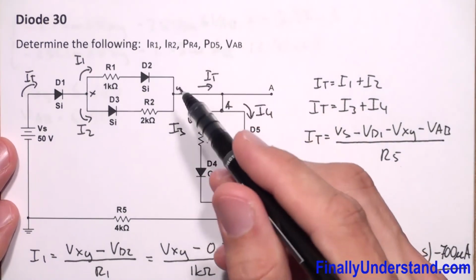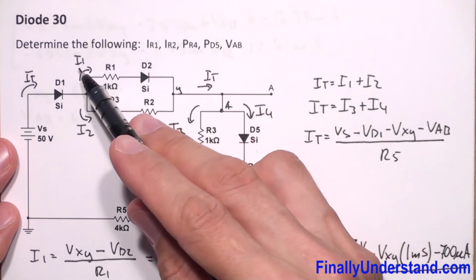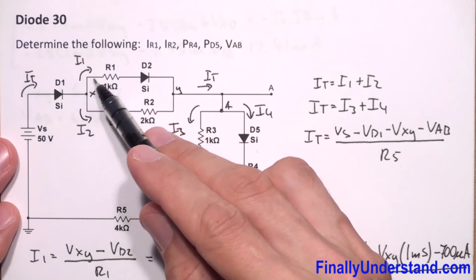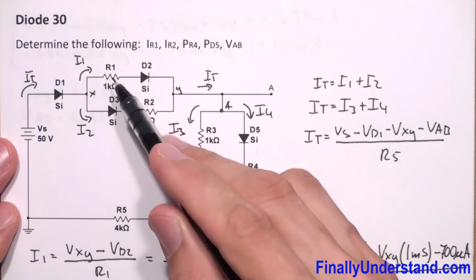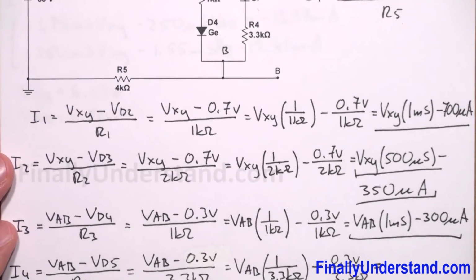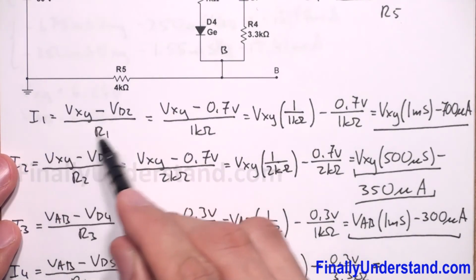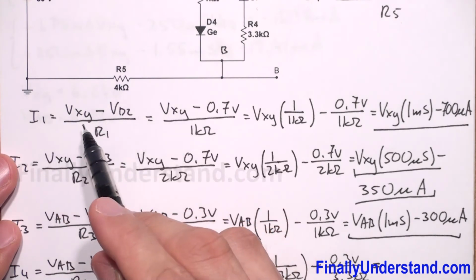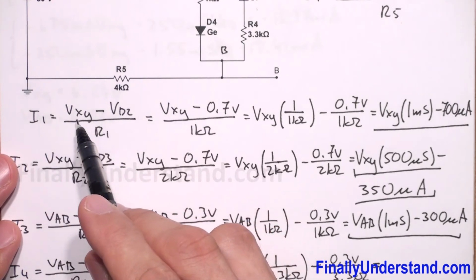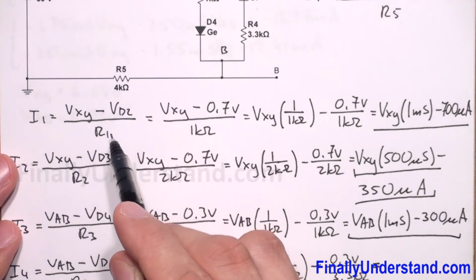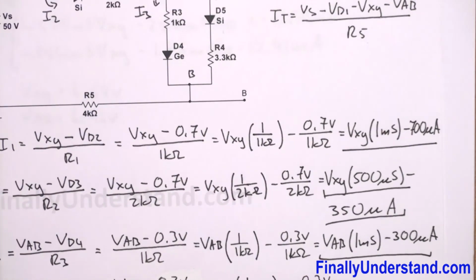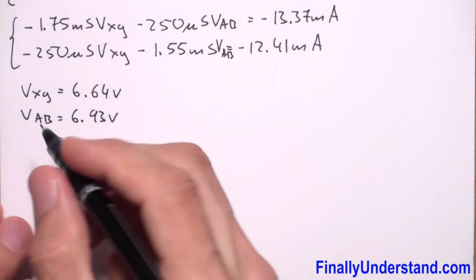Please notice that the current IR1 is equal to I1 because I1 will go through resistor R1. So if you are going to look at my notes, you are going to see that I found already the formula for I1. So I'm going to use this formula and the value of Vxy, which I just found, to find the current I1. So let me copy this down.